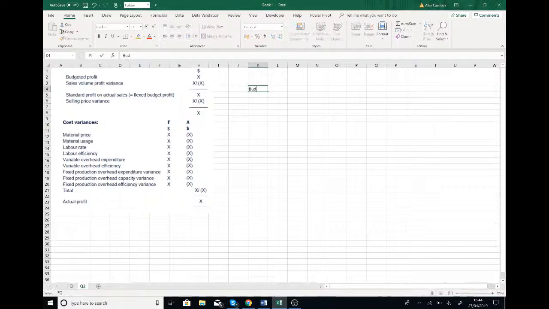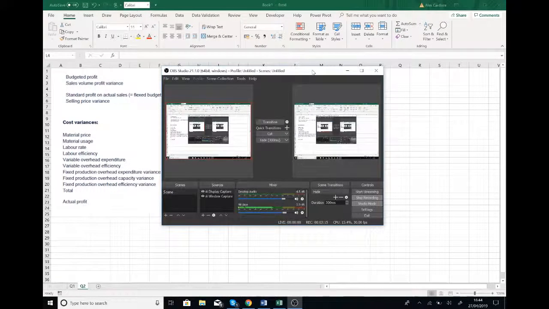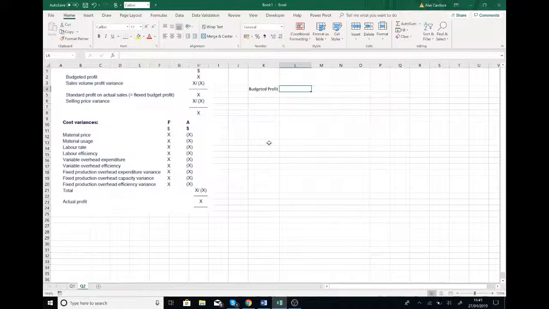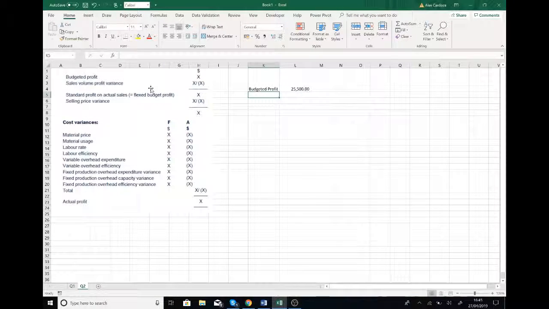So you start off with budgeted profit, and we'll just put equals here. And then you've got your sales volume profit variance. So you start with that, sales volume profit variance.